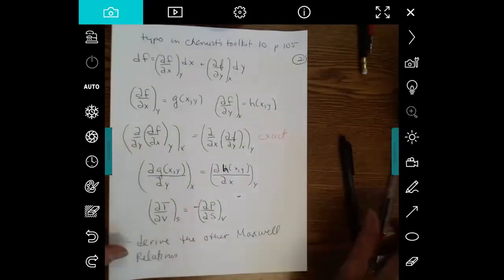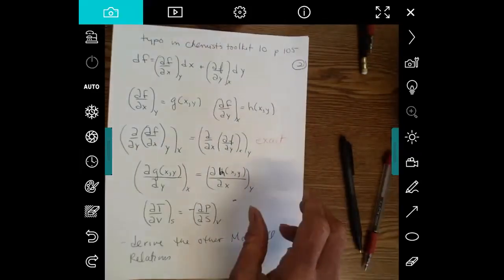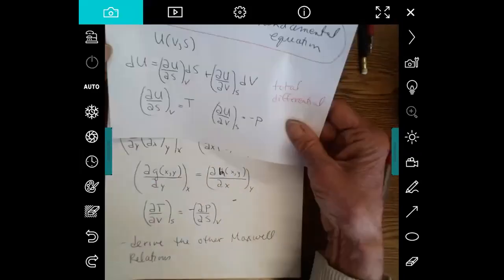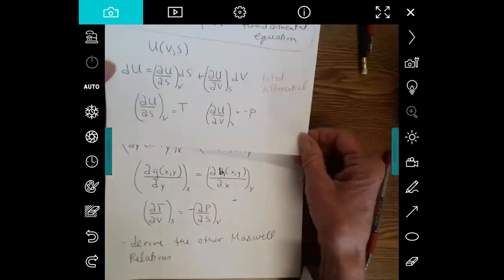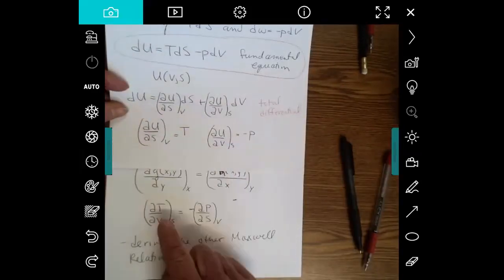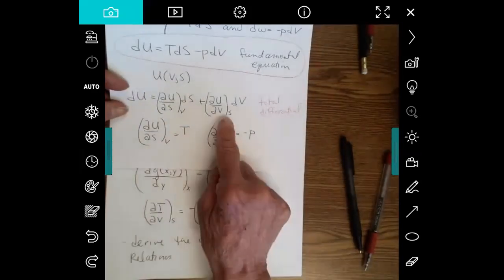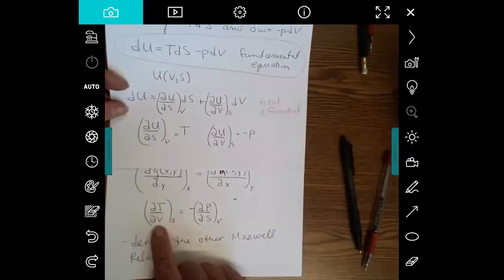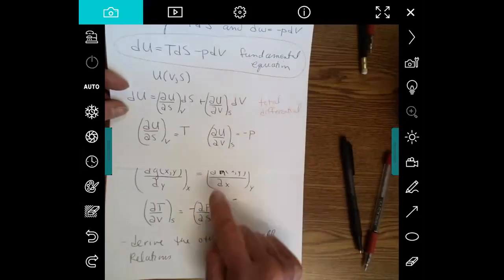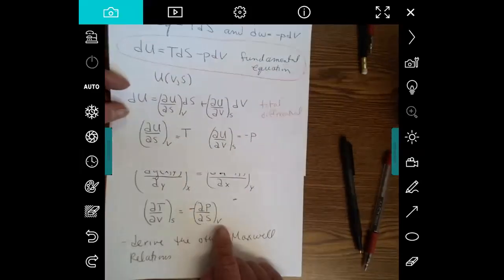And from that, if we look back at this, is something you could never have figured out without that calculus of an exact differential. So this is the first derivative, T. Now if I take the derivative of this with respect to the opposite variable, with respect to V, dT/dV at constant S has to be equal to the derivative of this with respect to S, holding V constant.